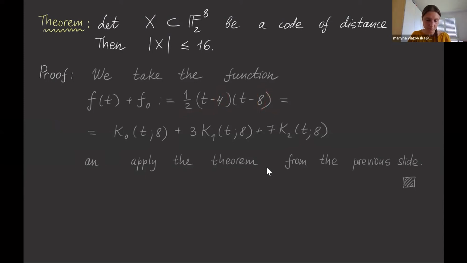And now it turns out that this polynomial has all positive coefficients when it is expanded as a linear combination of Kravchuk polynomials. And so this means that this function f will satisfy the condition, and the value of the free term in this formula gives exactly the value which we need to prove the optimality. And so the optimality of the Hamming code is proven by linear programming.